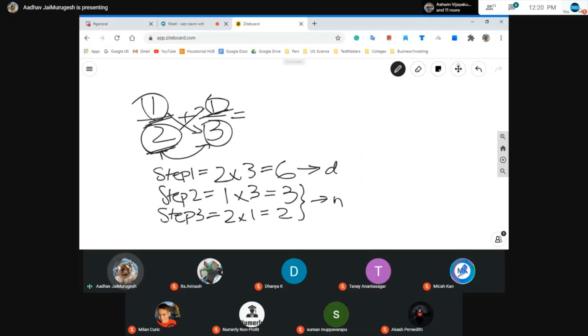Since 6 is the denominator, you put a 6 over here. Then you take the first number of your numerator and add it to the second number of your numerator. If you do that, you will get a final answer of 5 over 6.